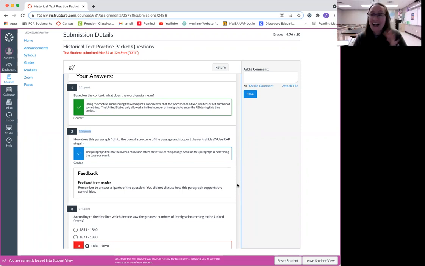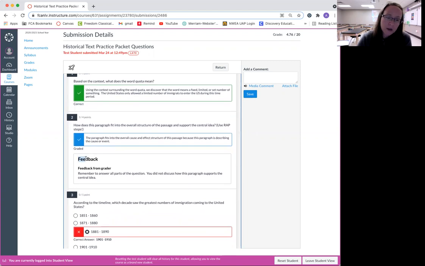So sorry. Anyway, that's the difference between the green check mark and the blue check mark in my classroom. Some teachers may grade a bit differently, but a green check mark means you received full points, and it is completely correct. Good job. A blue check mark means you are getting partial credit. And oftentimes I will leave feedback.